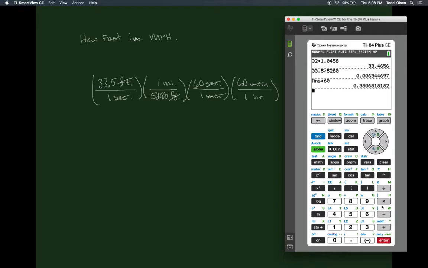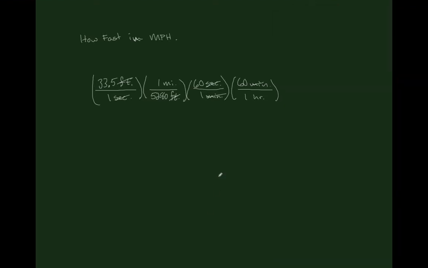And then multiply that by another 60. And what I find is that ball was going about 22.8 miles per hour.